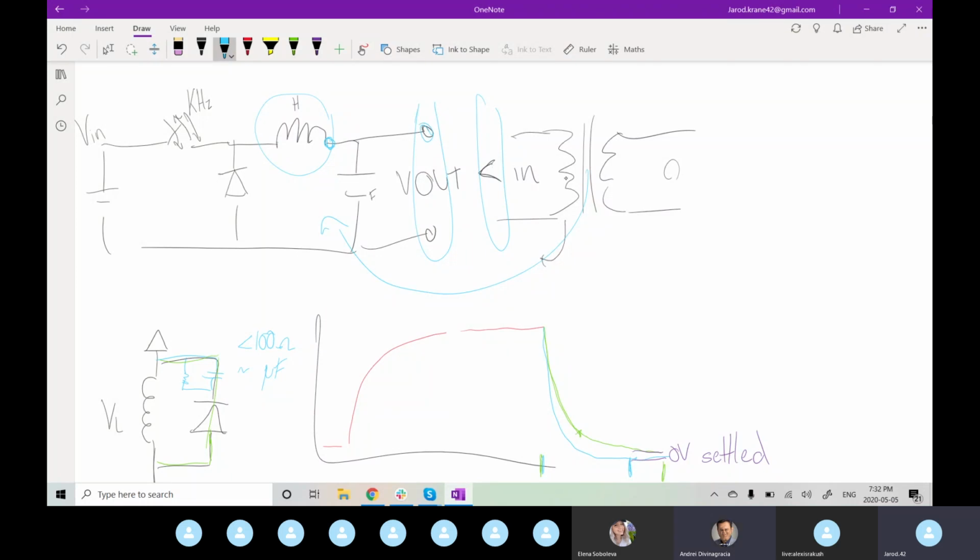So if your inductor is now one side of a transformer, you're able to have basically your other side. There's more to it.